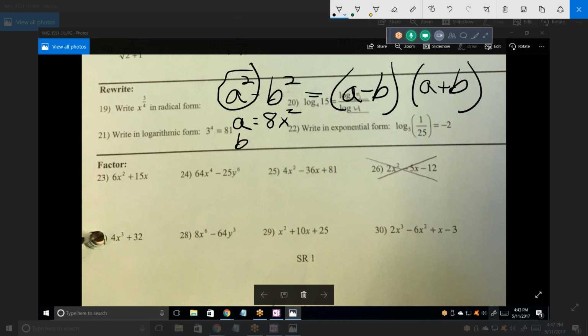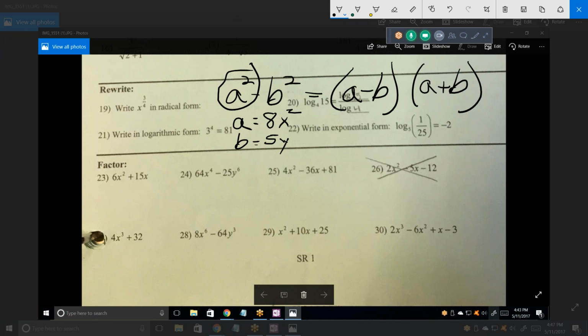What's b? B is the square root of that. 5y to the third.